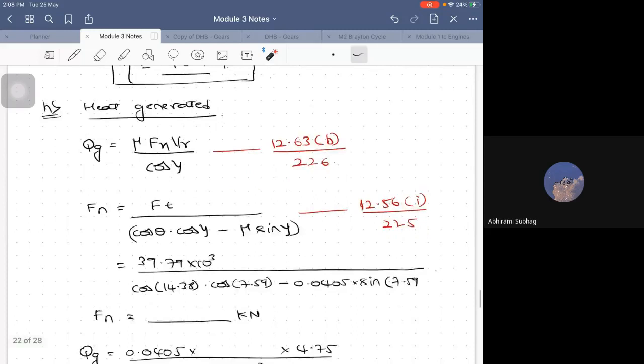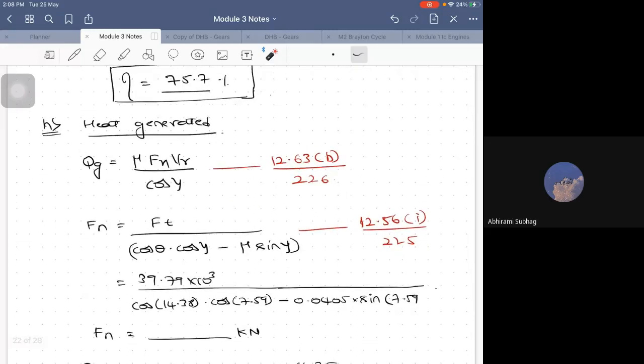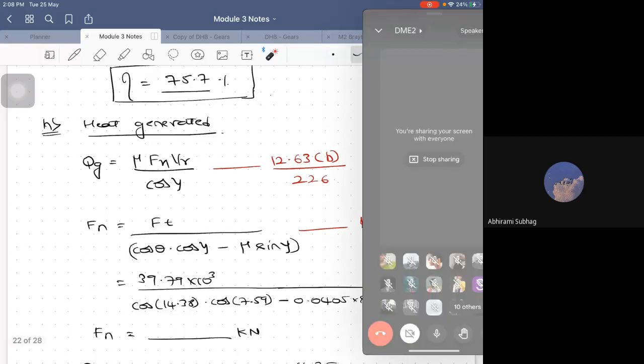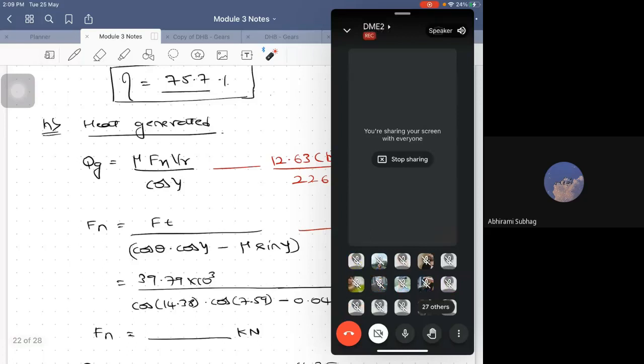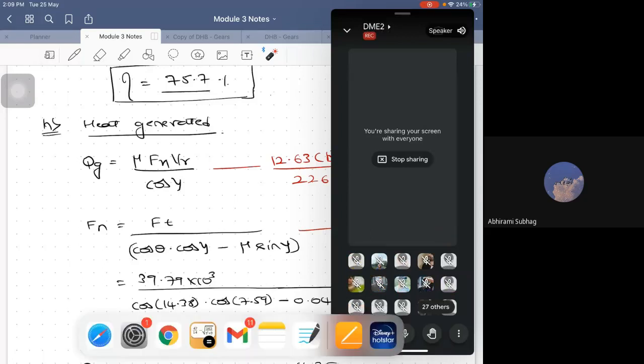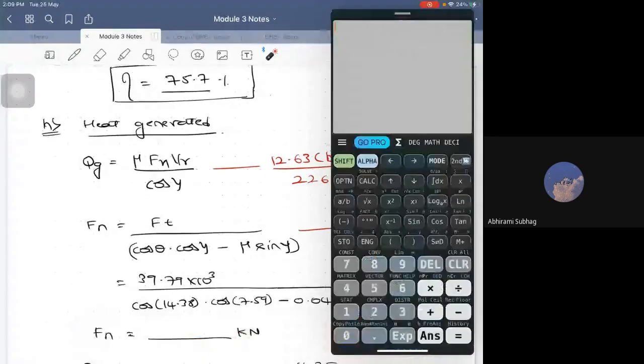Substitute everything and give me the value of Fn. 79 into 10 to the power of 3 divided by cos 14.38 into cos 7.59, close the bracket.